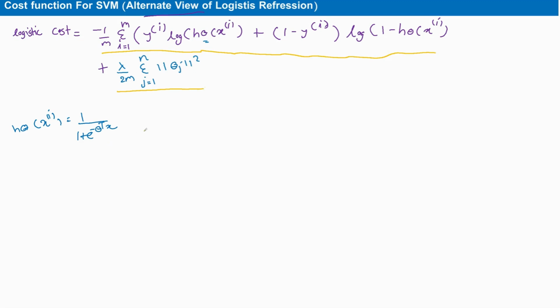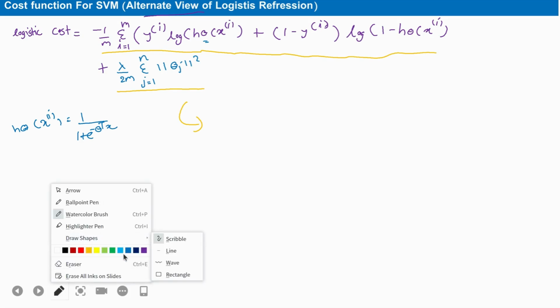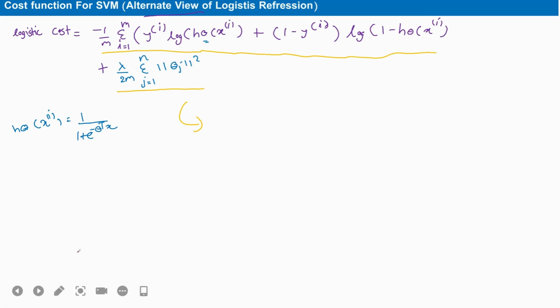So if I write this whole cost function in the simplest way, I can write the first term, for example, and call it A.